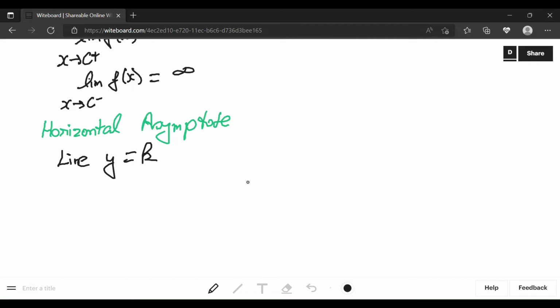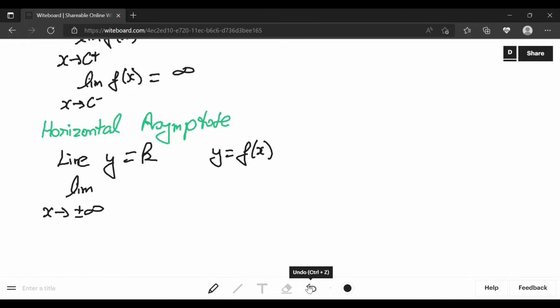This is actually a horizontal asymptote. The graph is y equals f(x). Now applying the limit as x tends to infinity plus, the value of the function f(x) will tend to k.